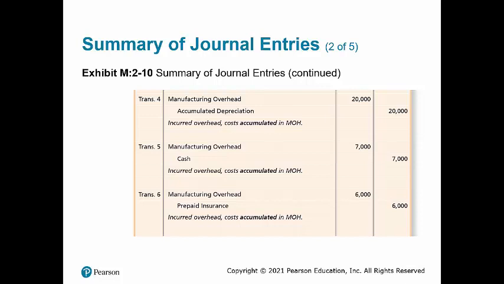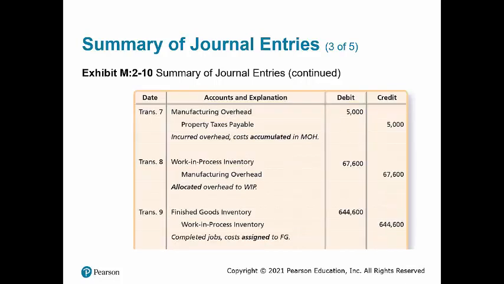In transaction 4, we recorded the depreciation expense on the property used in the manufacturing process. Transaction 5 is for the utilities for the plant. Transaction 6 was for prepaid insurance or insurance expense for the factory, and then transaction 7 was for the property taxes.